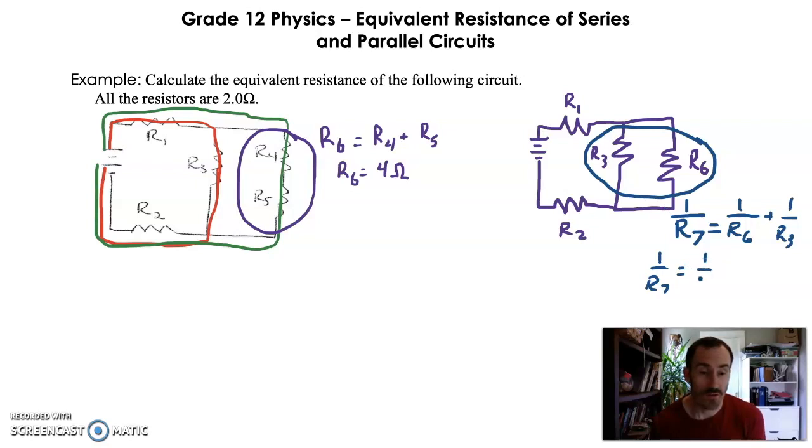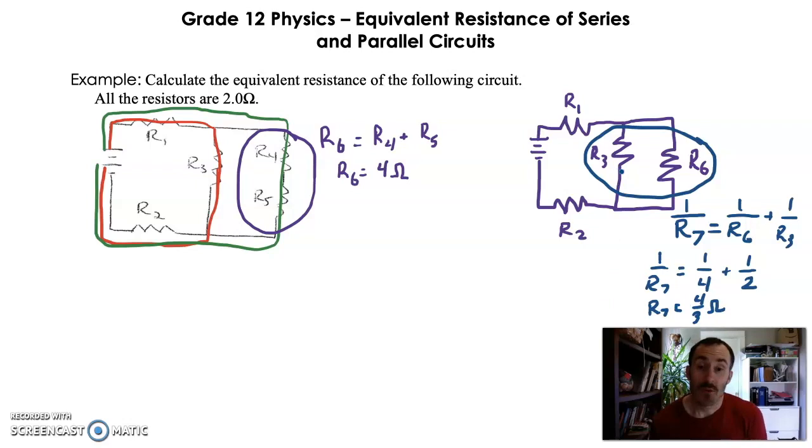So this is 1 over 4 plus R3 is just a 2 ohm resistor still, 1 over 2. So this is 1/4 and 2/4, which is 3/4. And then I need to flip it upside down, right? So R7 is equal to 4/3 ohms, or 1.3 repeating.